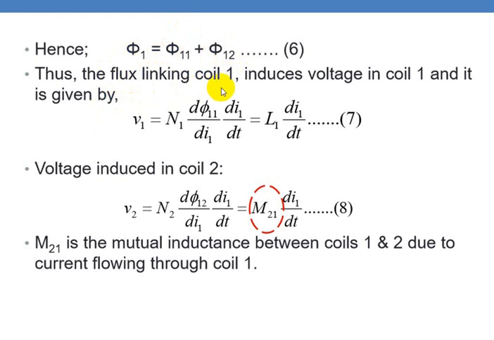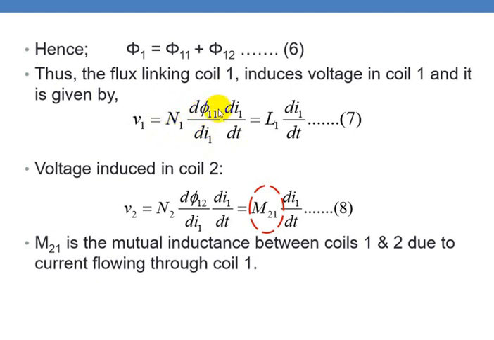Thus, the flux linking coil 1 induces voltage in coil 1 and it is given by, so that is the voltage induced in coil 1 because of current I1. So the coil 1 has got N1 turns and this voltage is induced because of the flux phi 11. This is the flux linking the coil due to the current I1. So therefore you have to write N1 into d phi 11 by di1.